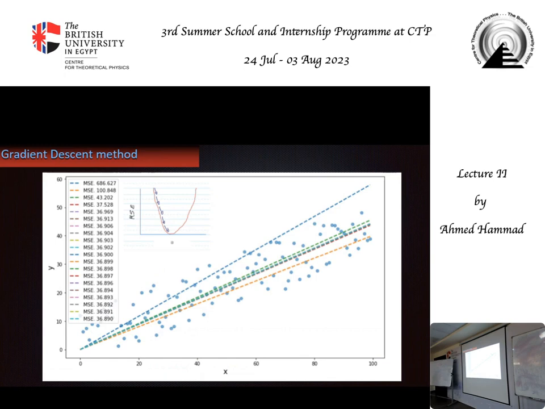As you can see, here we have this data, and we start with a random line, most likely this one. When I compute the mean square error for this one, it is about 686. As I keep going down, you can see the value of the loss function start decreasing.